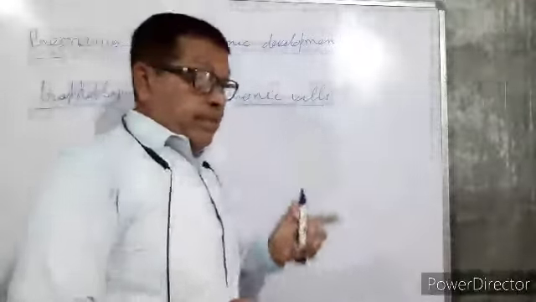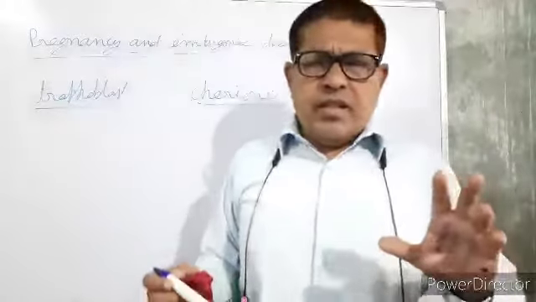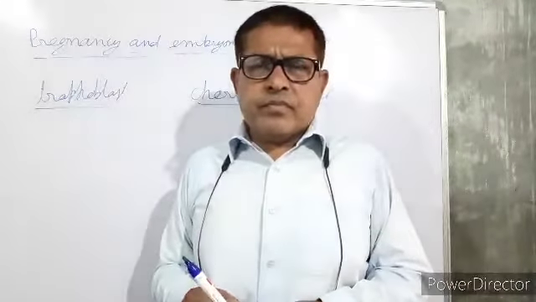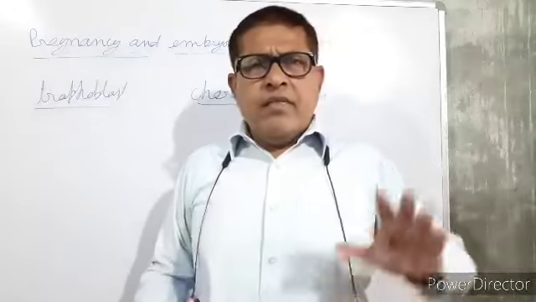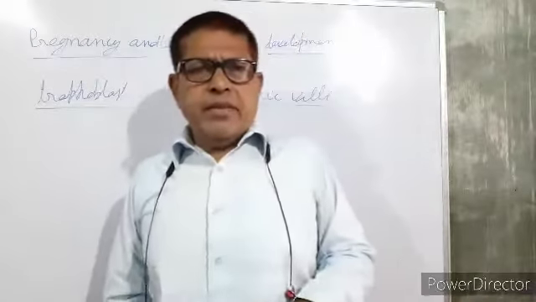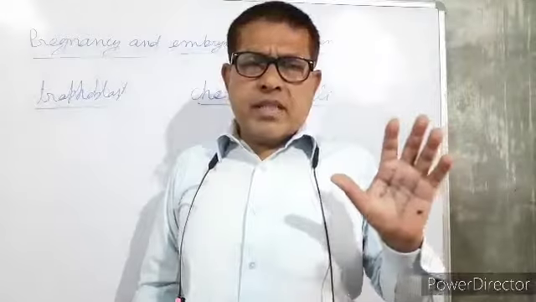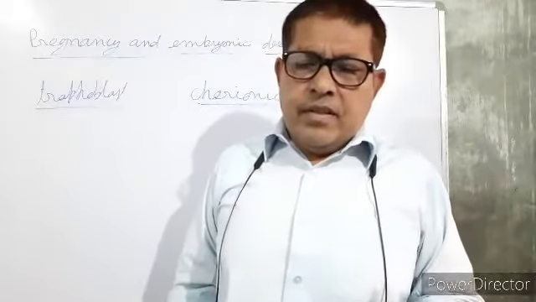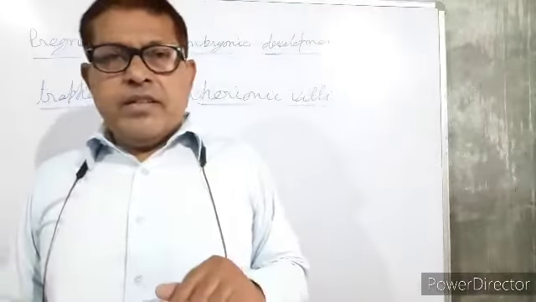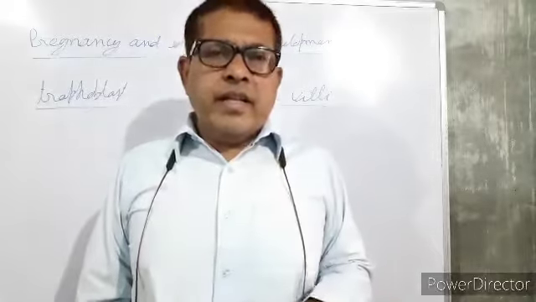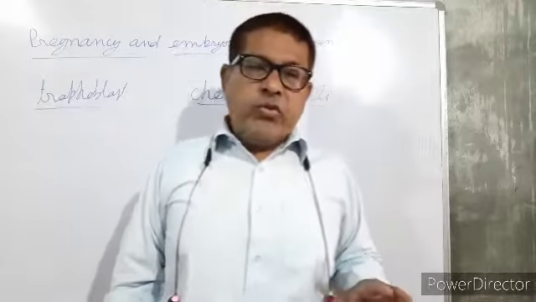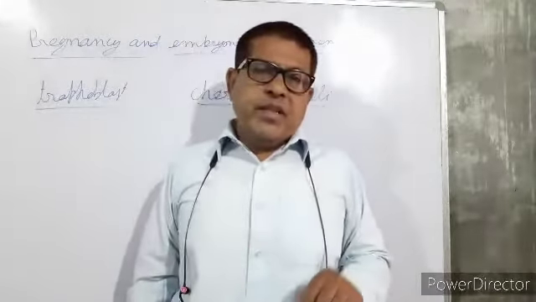As I have told you, just after implantation, a finger-like projection is formed on the surface of the trophoblast, called the chorionic villi.